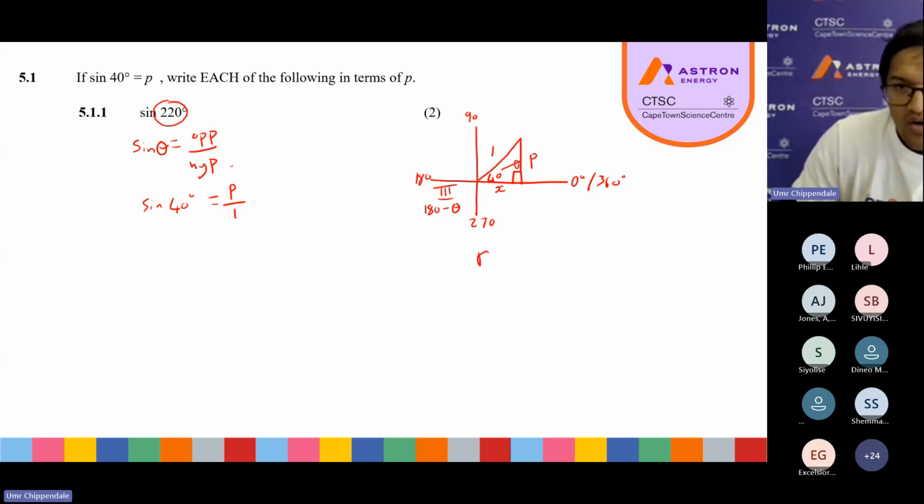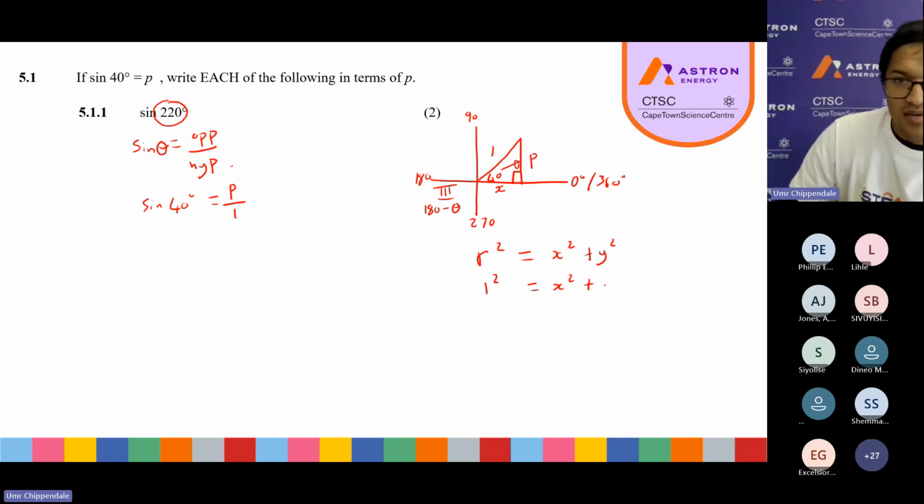So you can just say r squared is equal to, that's going to be my hypotenuse, so r squared is equal to my x squared plus my y squared. If I plug that in, it's actually going to be 1 squared is equal to my x squared plus my y.